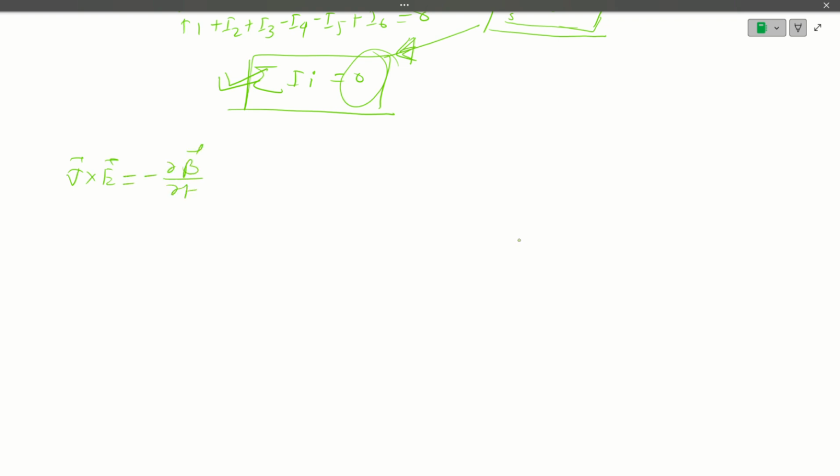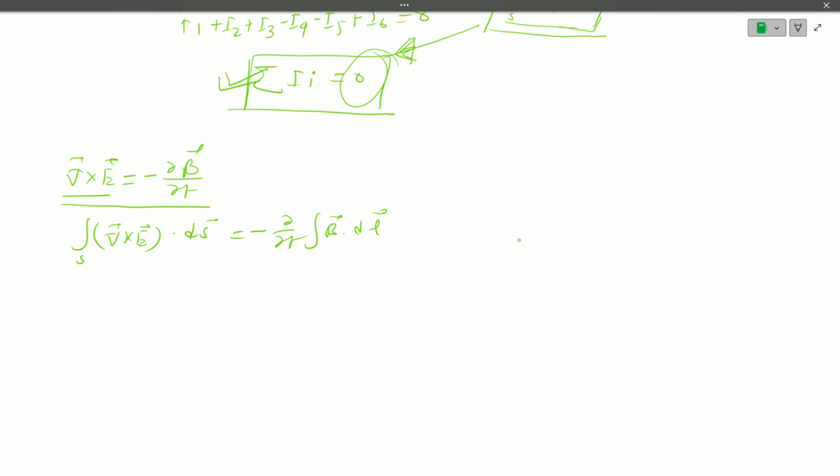If we take the surface integral on both sides, then it gives the integral of curl E dot dS equals minus del/del t of the integral of B dot dS.